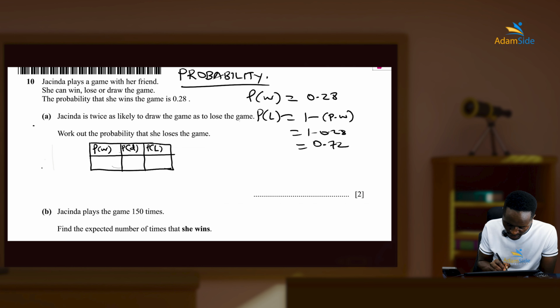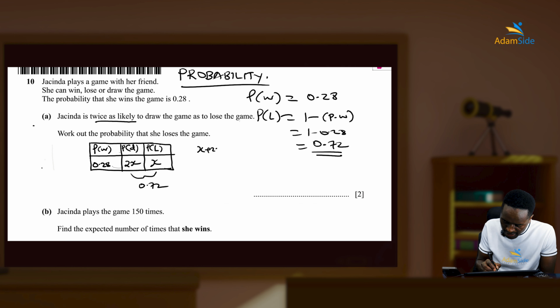The probability of her winning is 0.28. The probability of her drawing is twice as likely as losing. So if losing is x, then drawing is 2x. We know the probability of her losing or drawing together is 0.72, so these two sum up to 0.72.